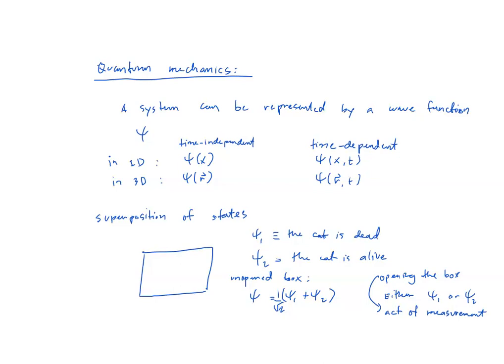Gusto mong malaman kung anong state ng electron. Tama? Without doing any measurement, or opening the box, you have to treat the electron as a superposition of all possible states. Kasi ang electron could move indefinitely kung saan-saan. And kung ano yung state na yun, i-add mo lahat yun.